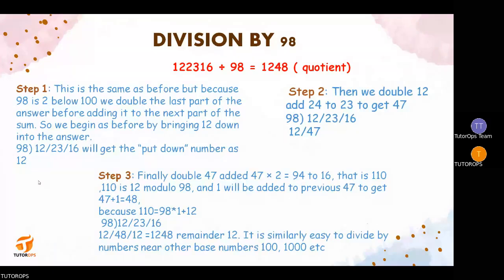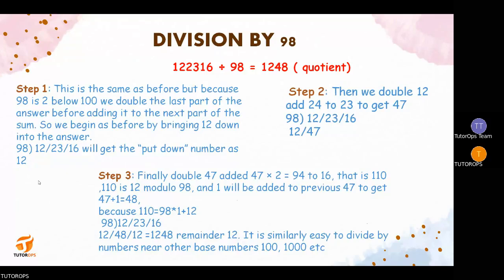That means 24 plus 23 gives the result 47. Now, finally, I will add the double of 47 to the last part, that is 16. The double of 47 is 94, and adding 16, that results in 110.